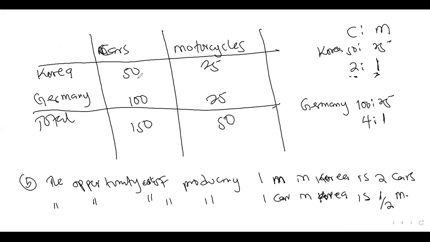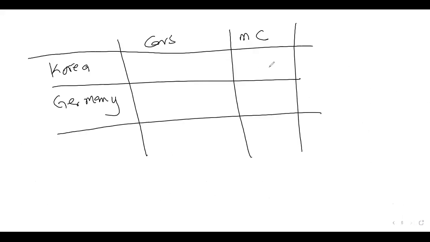So this number of cars here will flow over to become motorcycles. Remember, 2 cars is to 1 motorcycle, right? That means if you have 50 cars flowing over to become motorcycles, it will be 25 motorcycles, because 2 cars is 1 motorcycle. So 50 cars will become 25 motorcycles. So when it comes to add, you have 50 here.